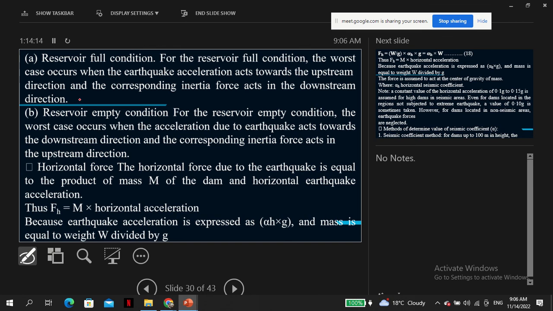For the reservoir full condition, the worst case scenario occurs when the earthquake acceleration acts towards the upstream direction and the corresponding inertia acts in the downstream direction. Of course, it depends whether the earthquake is coming from upstream or downstream.